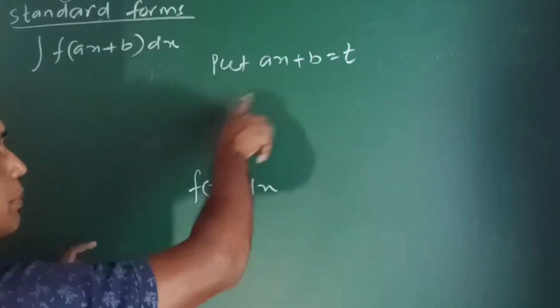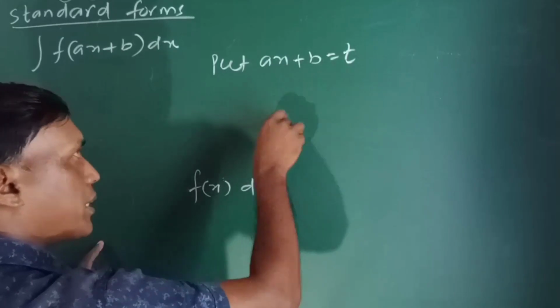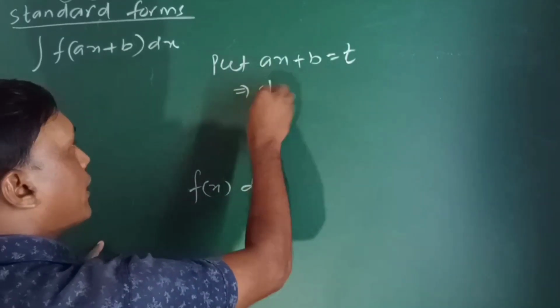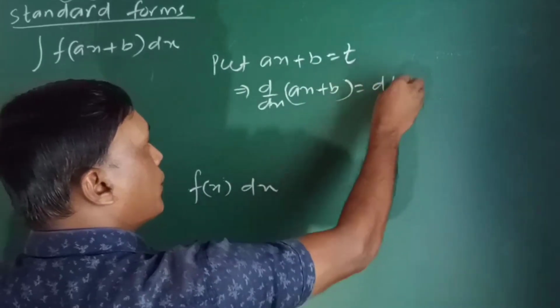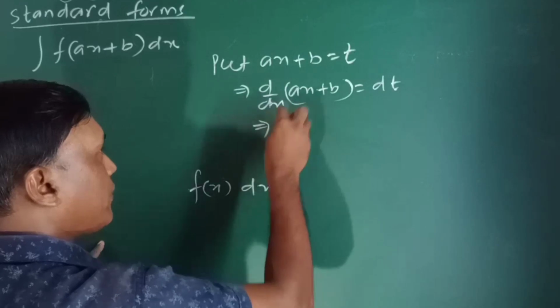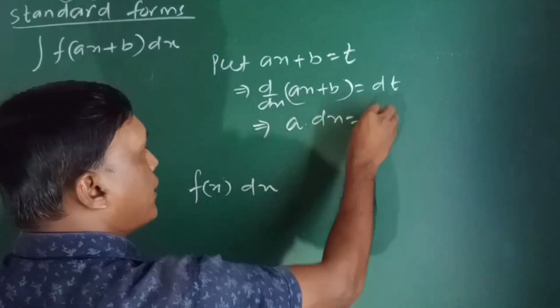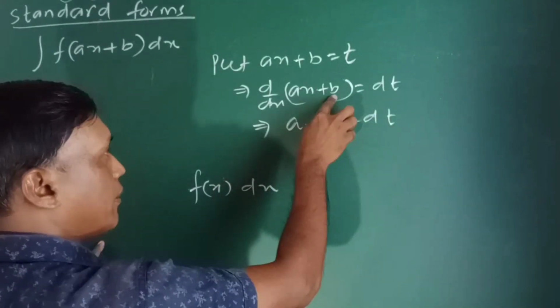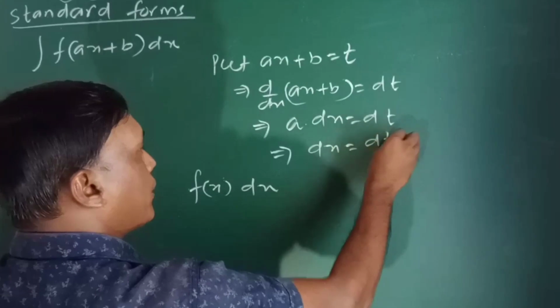तो look at here, सब्स्टिट्यूट कर दिए, इसके बाद डिफरेंशिएट करेंगे। Now we have substituted, we have to differentiate. Differentiating both sides we get d by dx of ax plus b is equal to dt, and derivative of ax plus b is a into derivative of x, that is dx, is equal to dt. Derivative of b is 0, which implies dx is equal to dt by a.